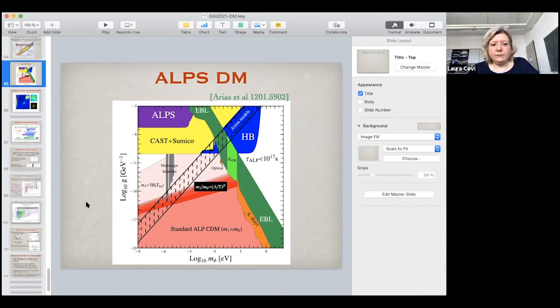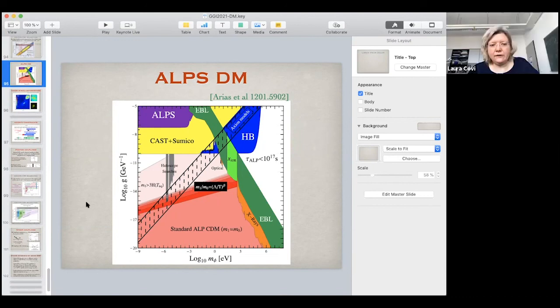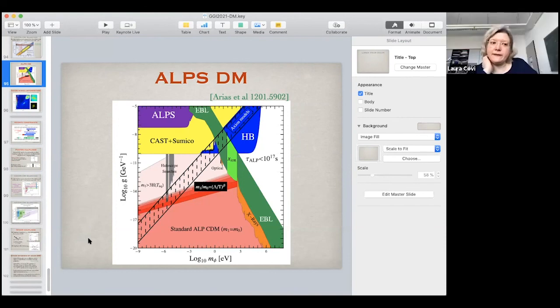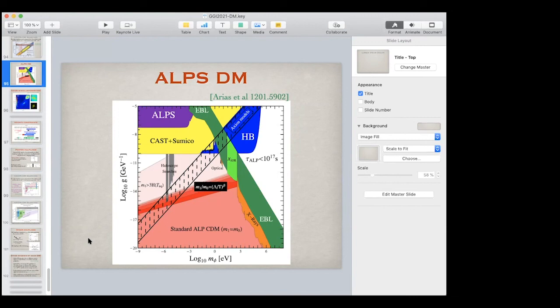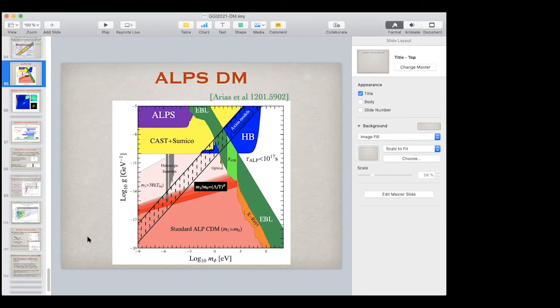Otherwise, there is the possibility to generate this term only at loop level, but that is usually not enough, because 10 to the minus 9 is quite a strong bound. So this is one solution people proposed in the early days, but I think now it is also quite difficult to realize. So at the moment, I don't have another proposal for a solution.